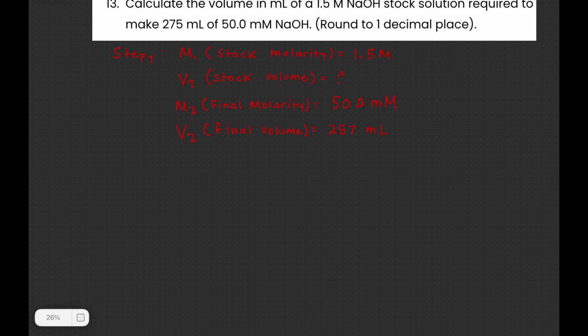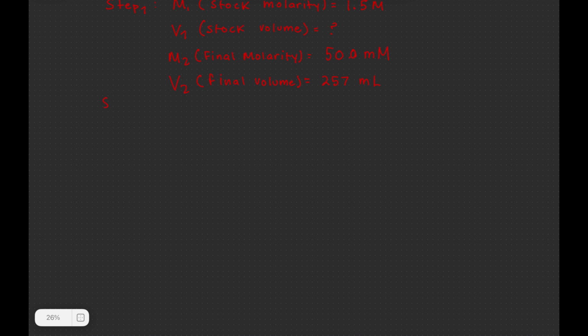So step 2, we're going to have to do some unit conversion here. Before we can use our dilution formula, our units for concentration must match. We have molar and millimolar, so we need to convert 50 millimolar into molar.